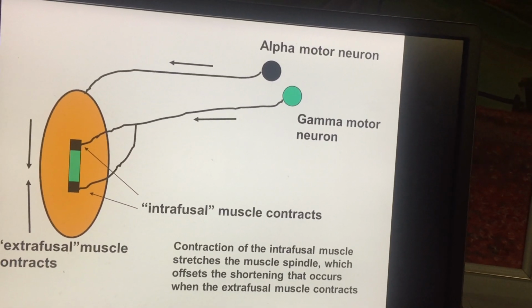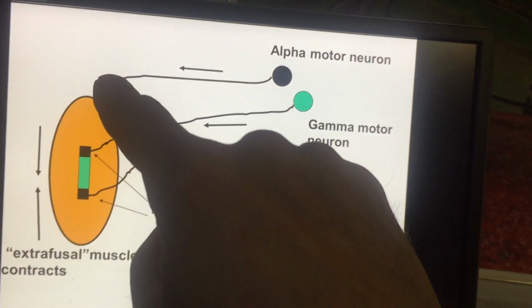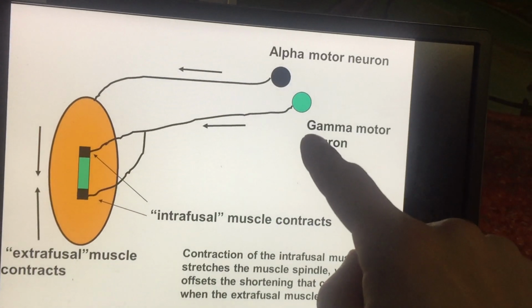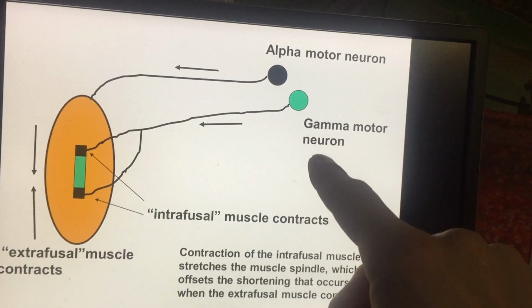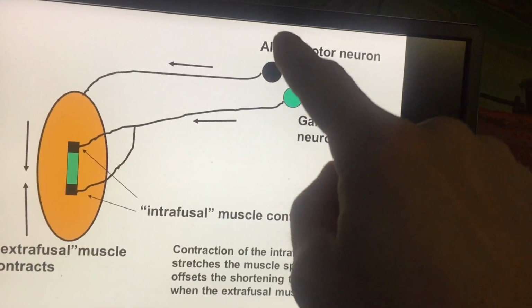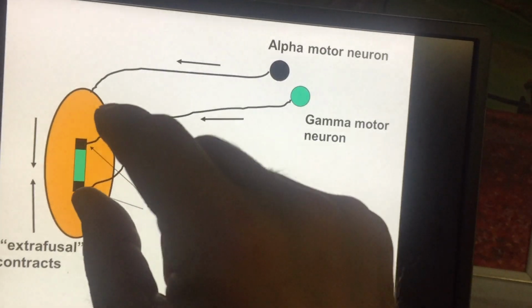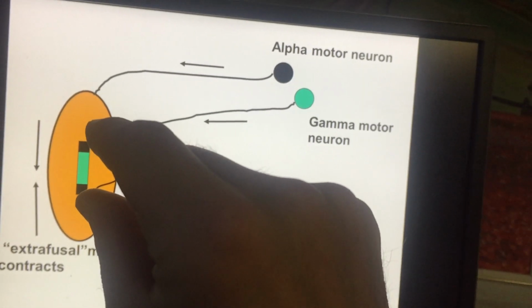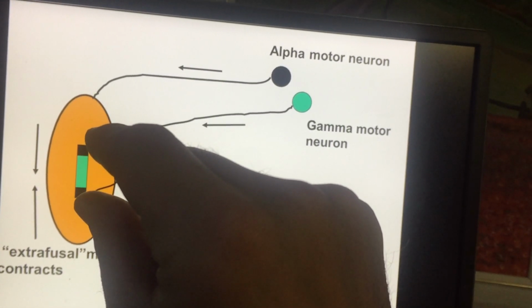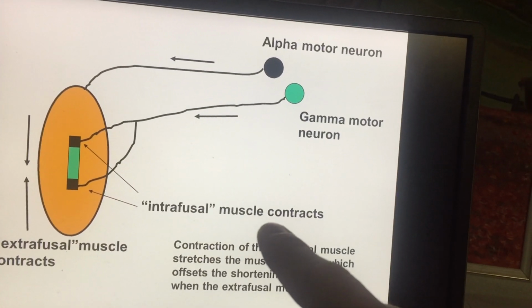To prevent that, when your alpha motor neuron is activated to contract your muscle, at the same time you have these other motor neurons called gamma motor neurons. They're specialized motor neurons that are activated at the same time as the alpha motor neuron, and they send excitatory input to these little muscle fibers that sit at the end of the spindle. That's what I have in black, and those are called intrafusal muscle fibers.